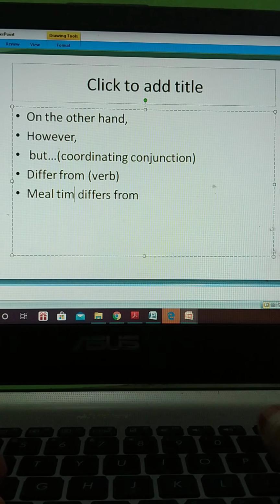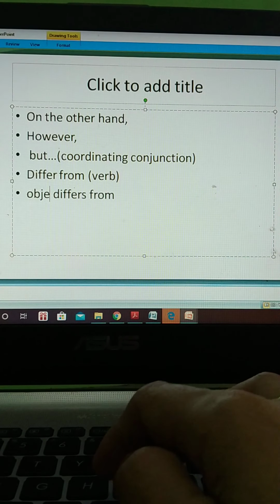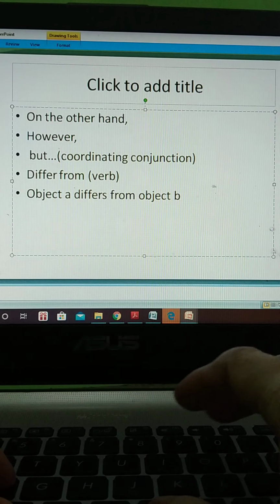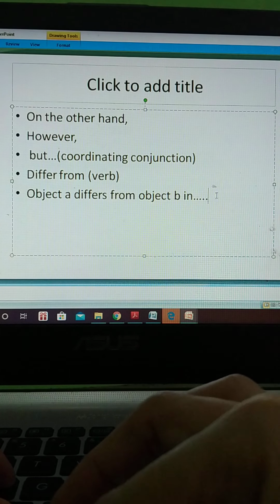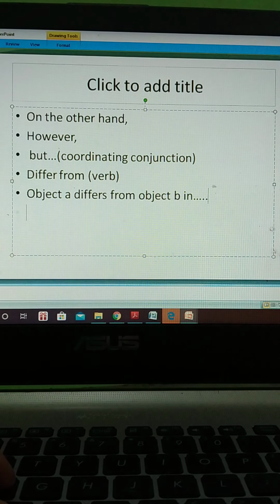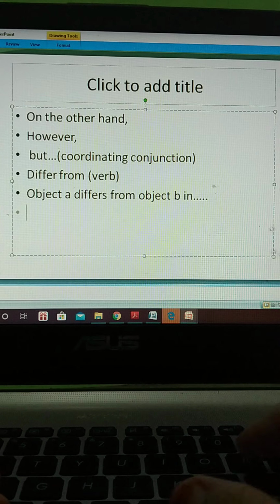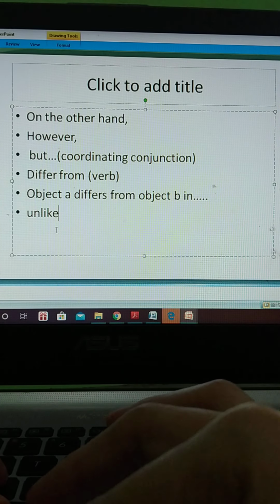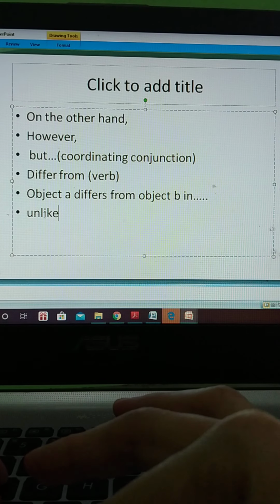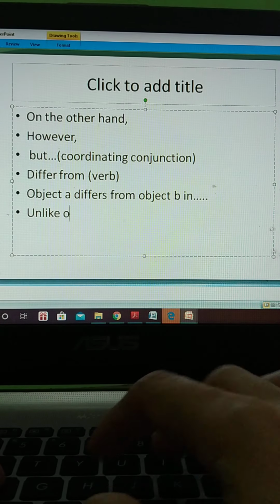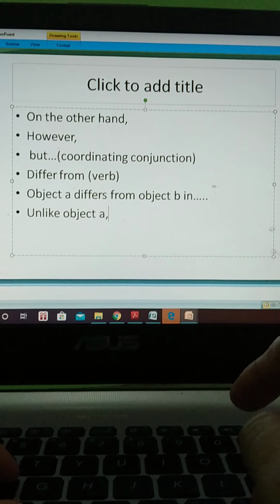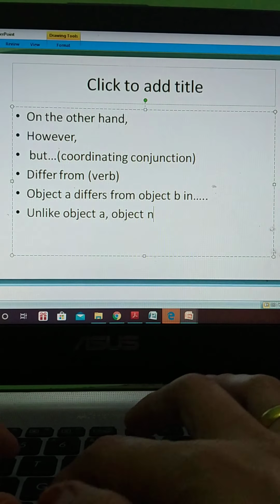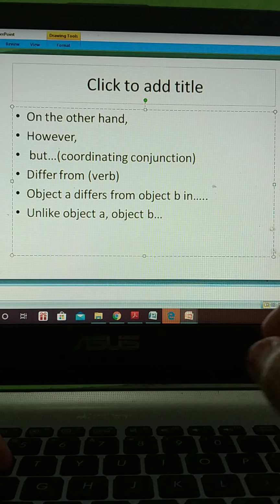So object A differs from object B in what they are different, in what condition. And then unlike, it's just like similarly. So we also put it at the beginning of a sentence: unlike object A, and you put here a description of object B, a sentence.